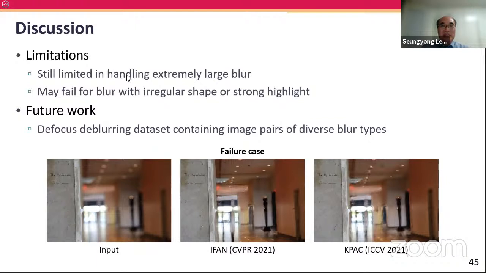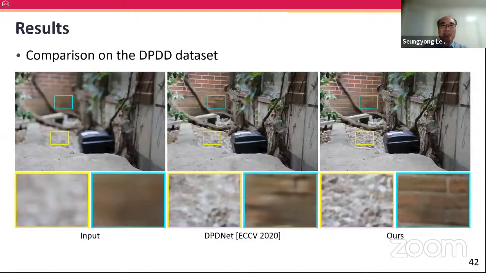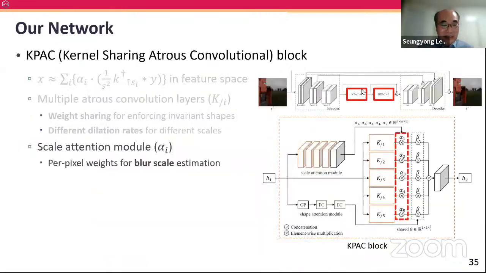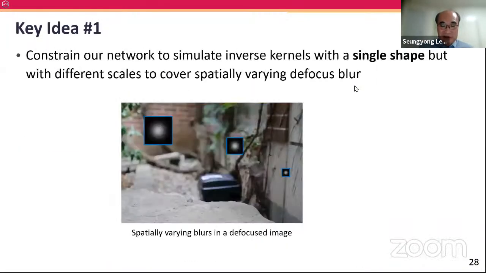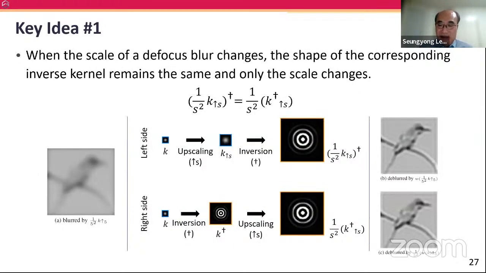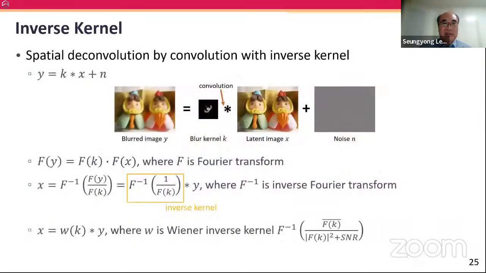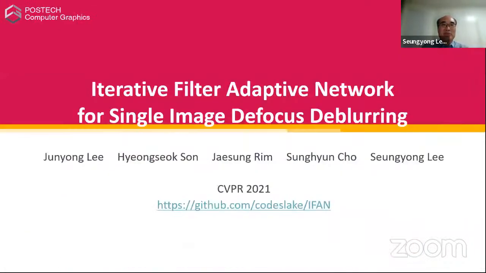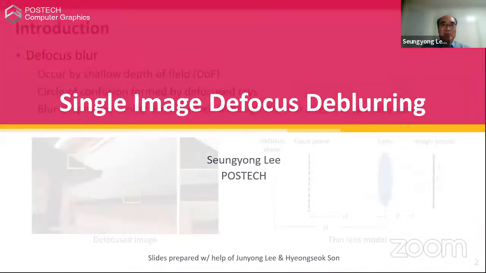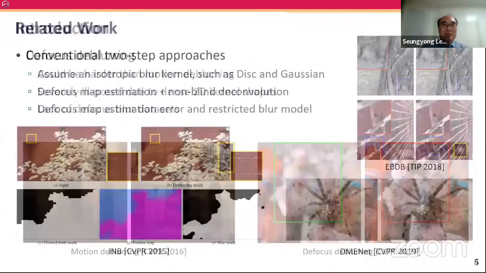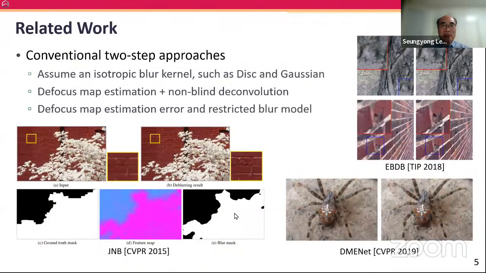Today I didn't mention my previous paper, but I worked on defocus map estimation. At the beginning I mentioned that the traditional approach uses a two-step approach, right? The first step is to estimate the defocus map, and then we deblur.